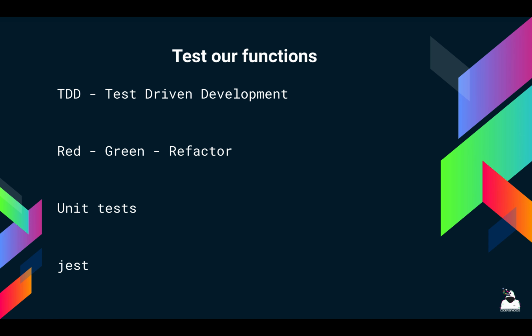So it's a callback function, and we are going to expect maxdiff, pass in the array to be 23. So let's run it again, npm test.